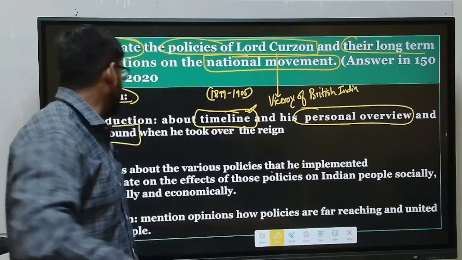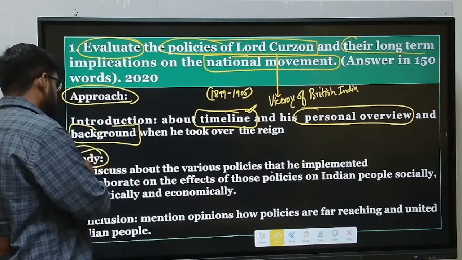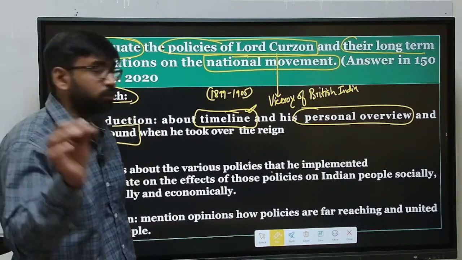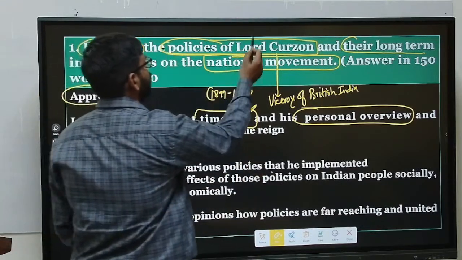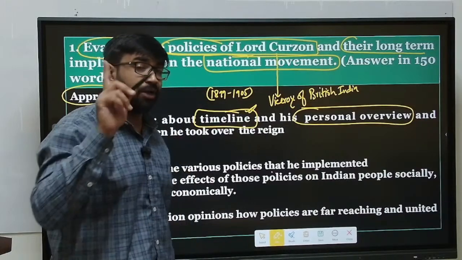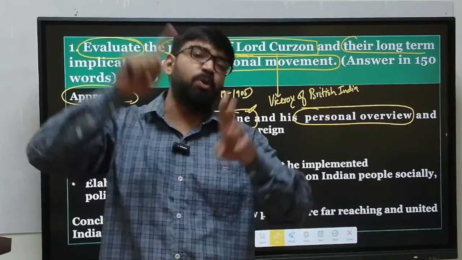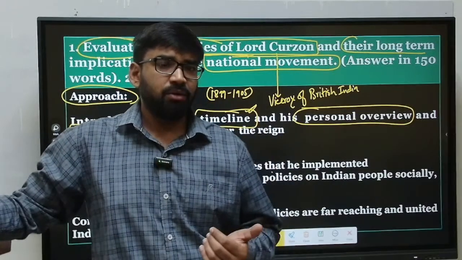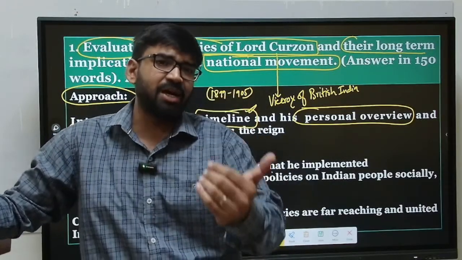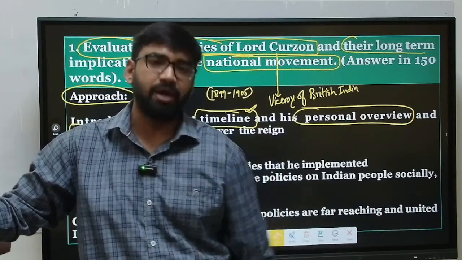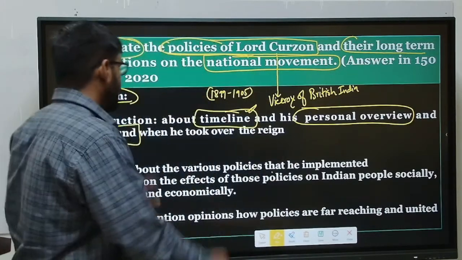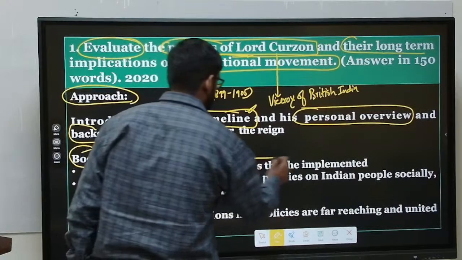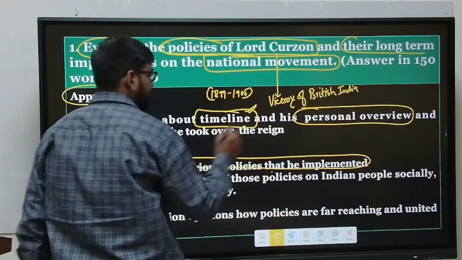Then the body of the answer. First you need to discuss the policies of Lord Curzon. Try to understand, you have to discuss only those policies which resulted in nationalism in India.